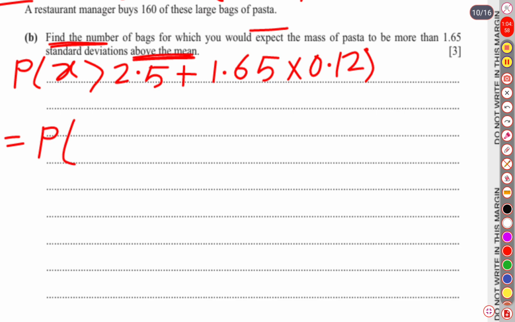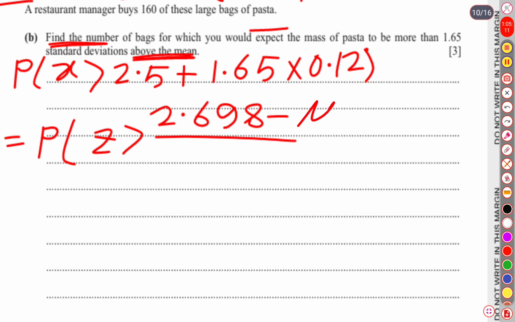If we standardize this z score, it is going to be z is greater than 2.698 minus mu. Mu is given, which is 2.50, and our standard deviation is 0.12.